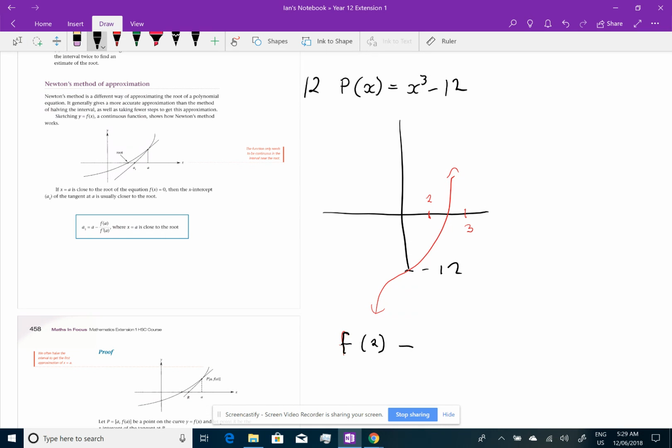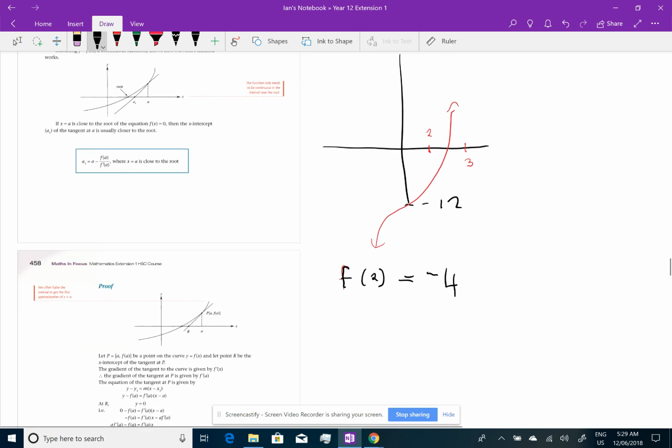F of 2 equals. So I'm going to go 2, and I'm going to use my answer button here, which is answer cubed minus 12. And I get negative 4. So I know it's negative 4 there. At f of 3, I go 3 equals, go up, and I get 15.